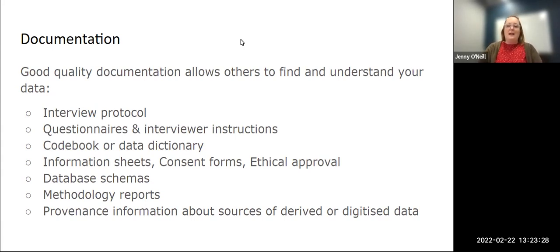If you're using somebody else's data or sources of derived data or existing data sets, making sure that you're keeping a really clear record of where all of that information came from. That will just help somebody to kind of step back through your thought process, and will help you to defend and verify the findings that you're writing about in your publications.